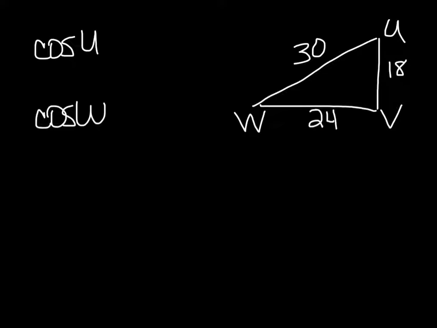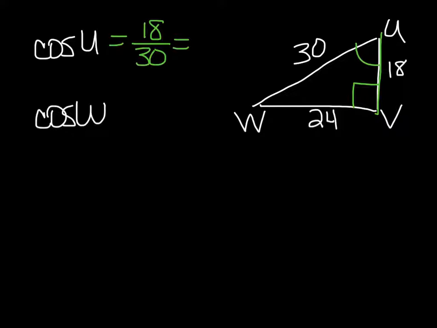Let's take a look at this example of right triangle UVW. Here's our right angle. If we want to find the cosine of angle U, here we have angle U. Cosine is the adjacent side over the hypotenuse. So here our adjacent side is 18, so adjacent is 18 over the hypotenuse, which is 30.